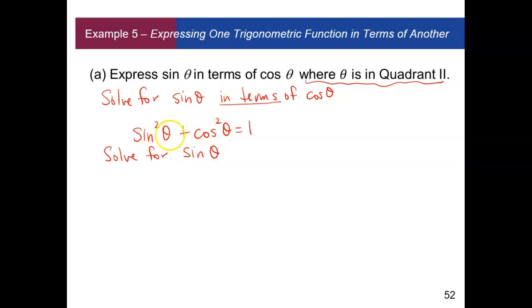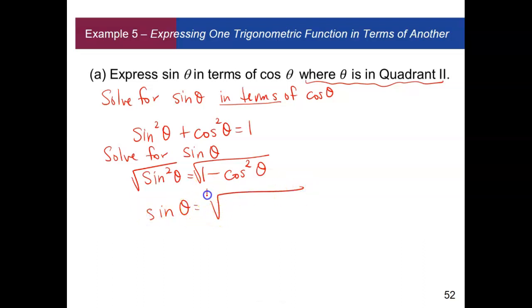Okay, so if I'm solving this for sine, that means the first thing I want to do is to move cosine squared over. Then I want to take the square root of both sides. So sine of theta is plus or minus the square root of 1 minus cosine squared theta.